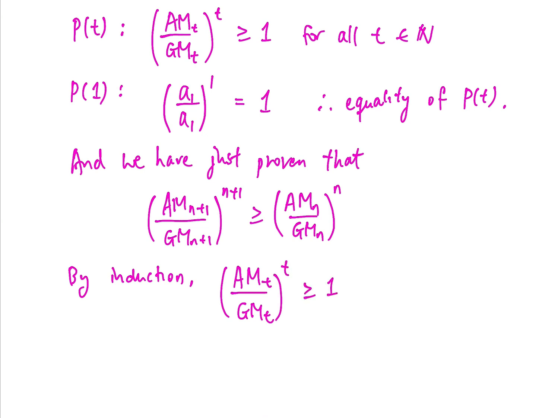Because if you consider this very special inequality, it is suggesting that when you have an extra term in the sequence and the power also increases by 1, the ratio is either going to stay the same or increase.